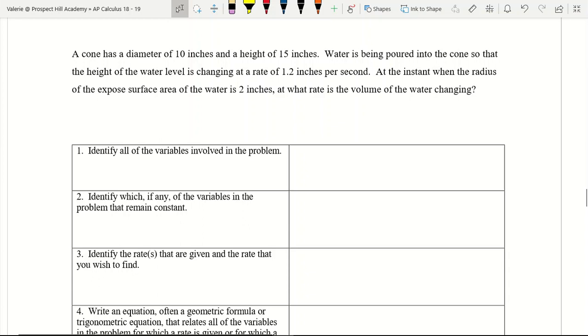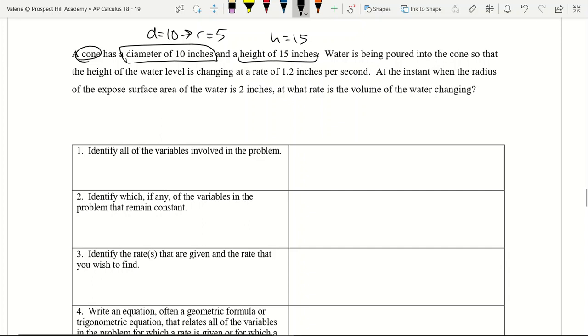So we know we have a cone. We know the diameter of that cone is 10 inches. So D equals 10. And that changes R to equal 5. And we know that the height of our cone is 15 inches. So H equals 15.